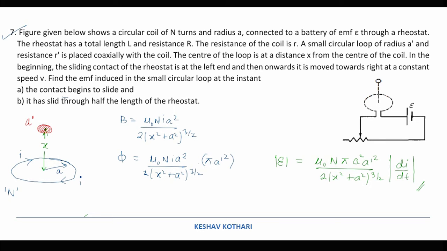We consider that the x length of the rheostat will offer a resistance equal to Rx upon L, since the L length of the rheostat offers a resistance equal to R. So the current through the battery can be written as I is equal to E upon the resistance offered by this x length, that is Rx upon L, plus the resistance of the coil, which is small r.